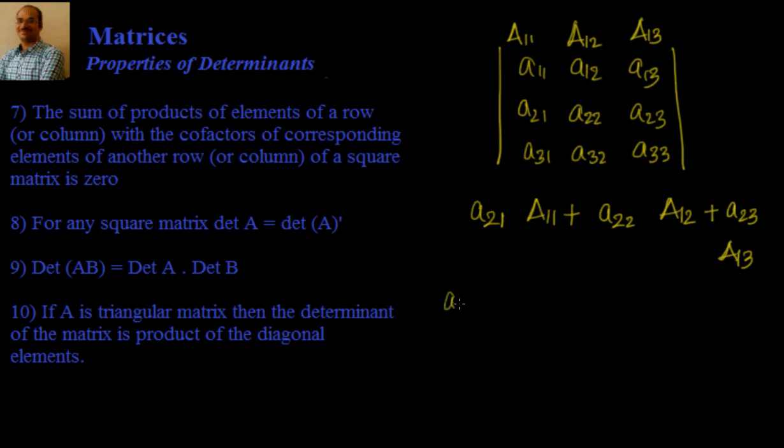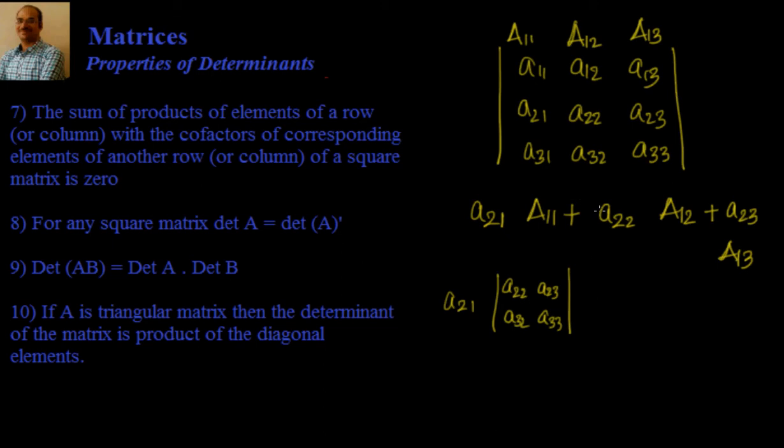Now A21 into cofactor A11. What is cofactor A11? It is nothing but the determinant of A22, A23, A32, A33.